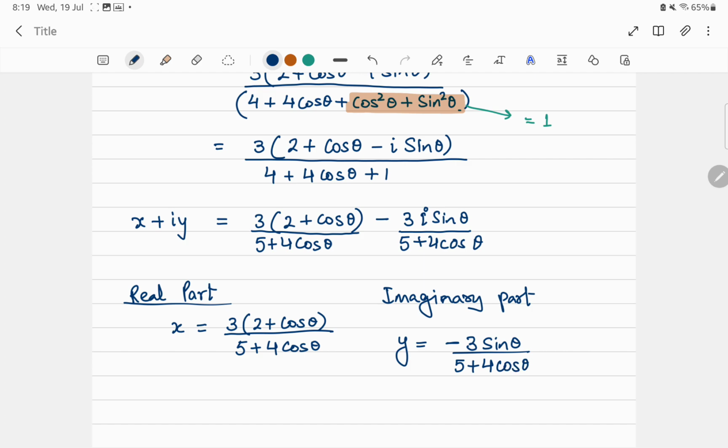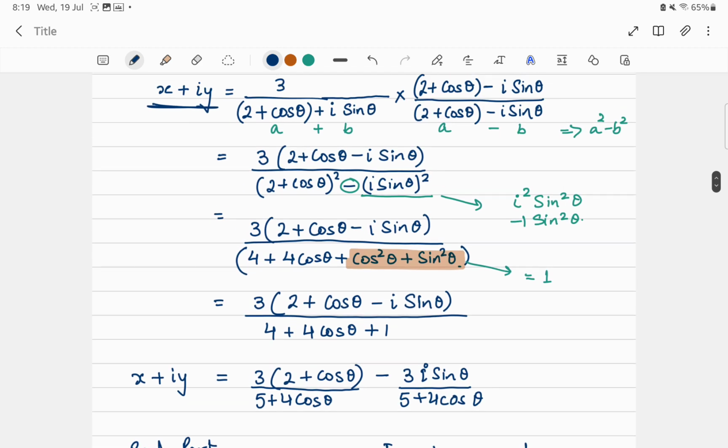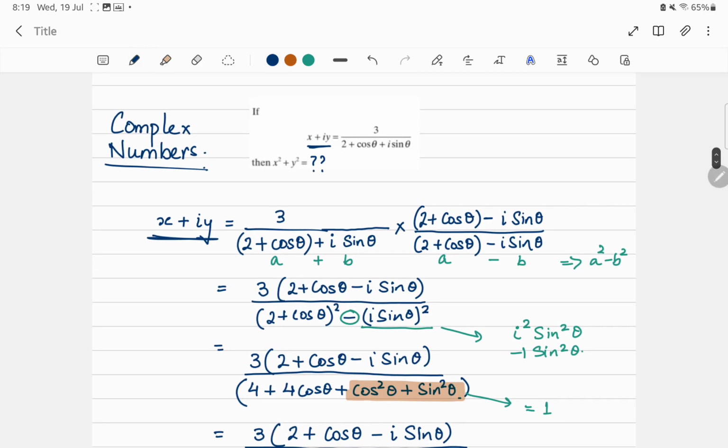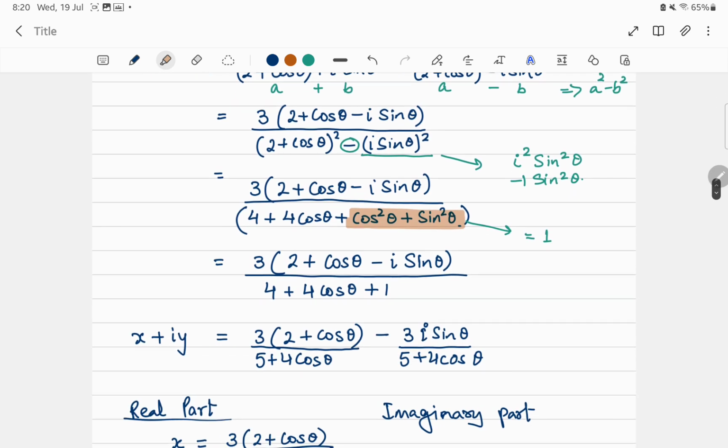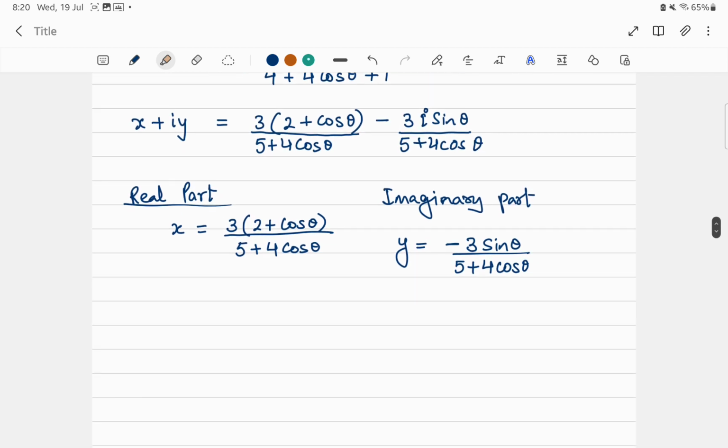So now we have x and y, so we know the values of x and y, and in the question they are asking us to find x² + y². All right, so now we will square both the parts and add them. So that will give us x² + y².